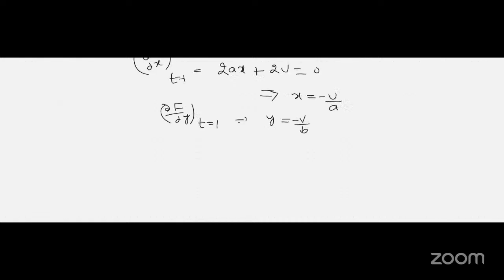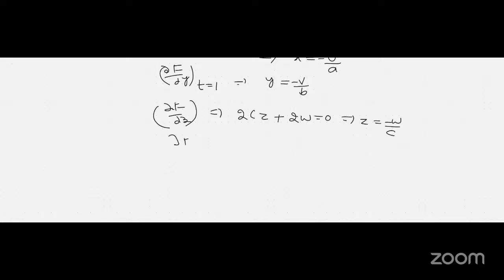Similarly, dou f by dou y at t equal to 1 gives y equal to minus v by b, and dou f by dou z gives 2cz plus 2w equal to 0, then z equal to minus w by c.